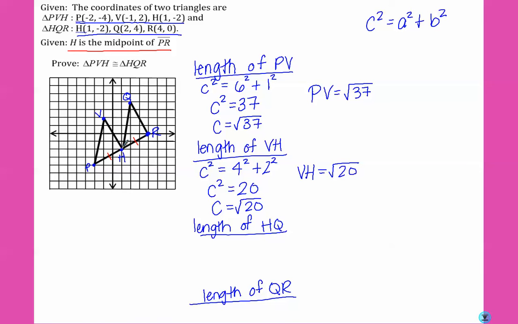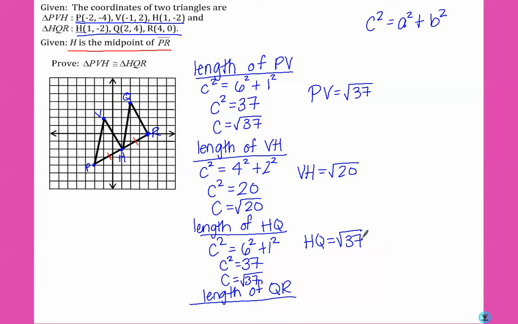HQ, we go up 1, 2, 3, 4, 5, 6, and over 1. So c squared equals 6 squared plus 1 squared. So c squared is 37, which means c equals the square root of 37. So HQ equals the square root of 37.